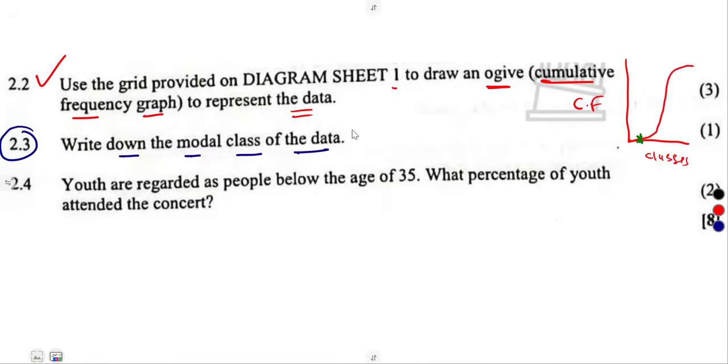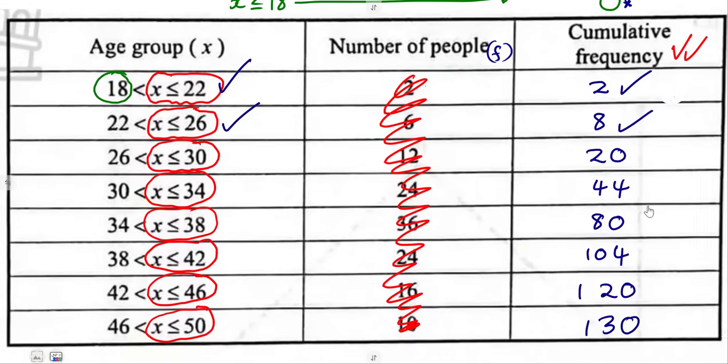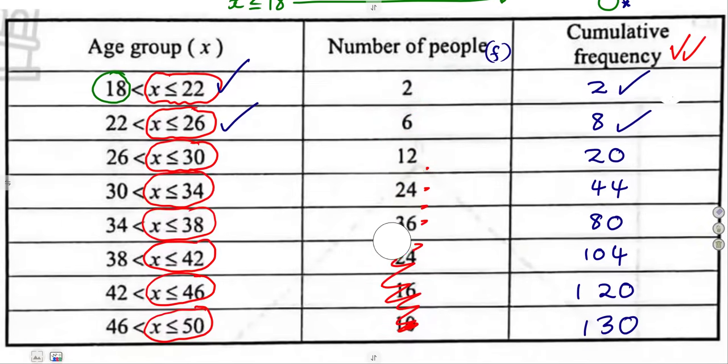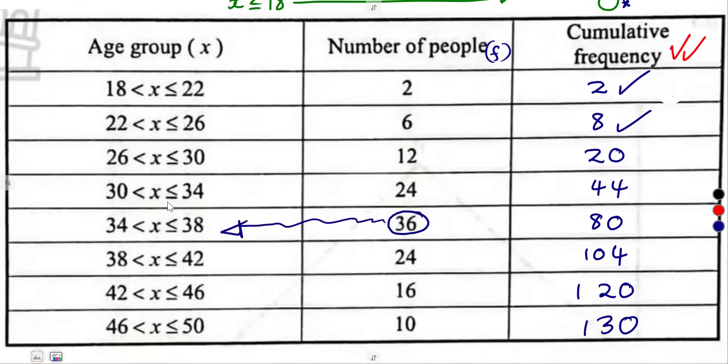And 2.3, write down the modal class of the data. Remember the modal class is the one that has the highest frequency. Which class is it that has got the highest frequency? So you just consider your frequencies this time, and we consider which one is the highest. The highest is 36. So which class has that highest frequency?